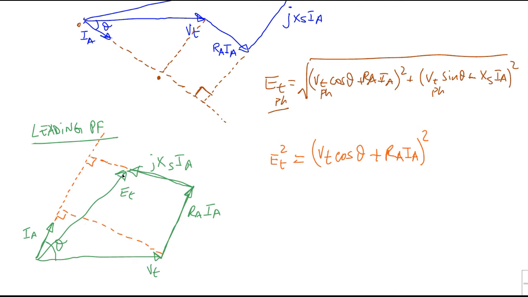So this part represents VT sine theta, and we take off from that section this part here. We remove XS IA, squared.